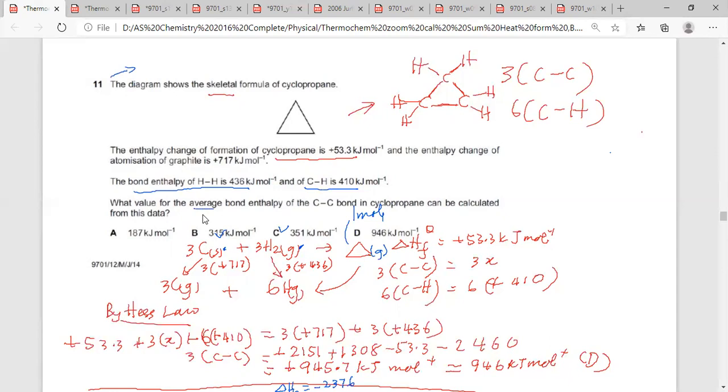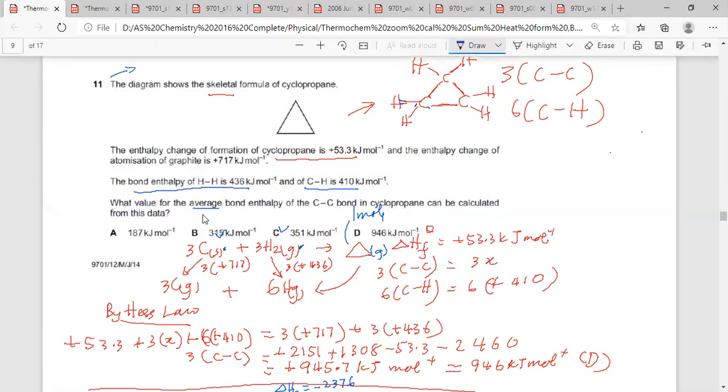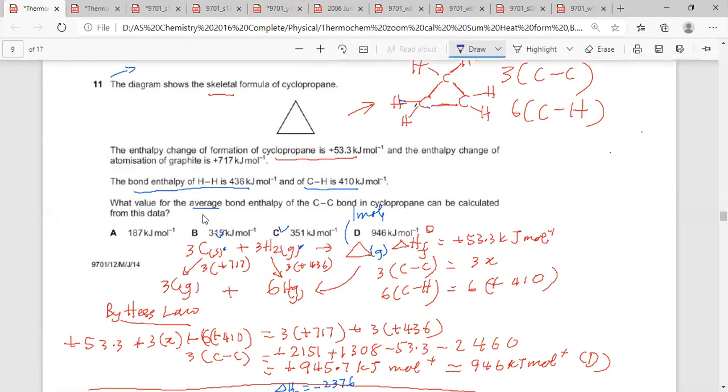You can read up yourself why average, because different atoms may join to carbon, so they will cause a difference in polarity. That's why not all CH bonds are the same. So take average, okay? Because the carbon here can be joined to oxygen, fluorine, so there's a difference in electronegativity. So the CH bond is not always the same. It's just a bit different. That's why it's average, okay? You can read up yourself the one I don't want to talk about, okay?